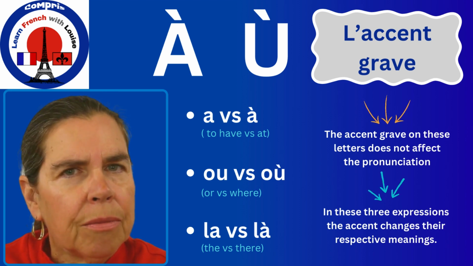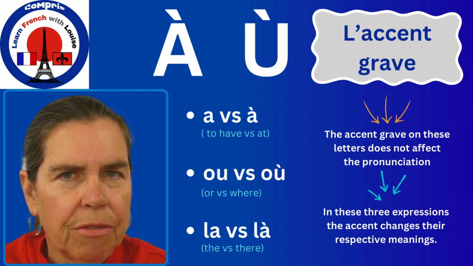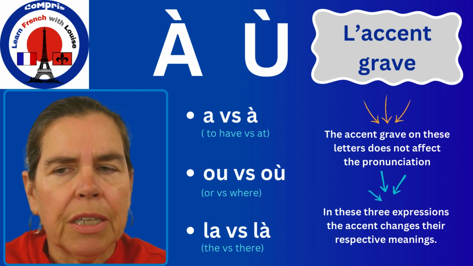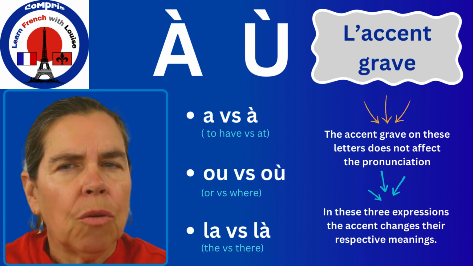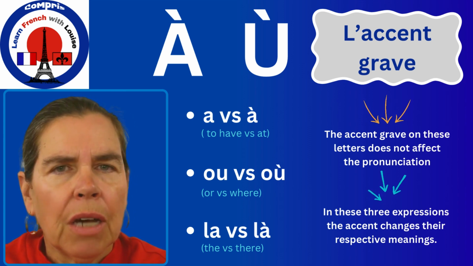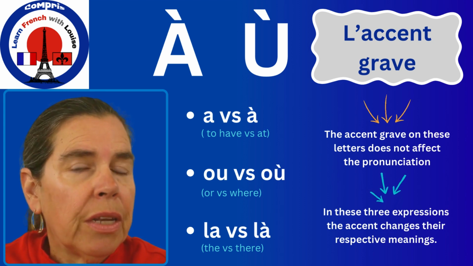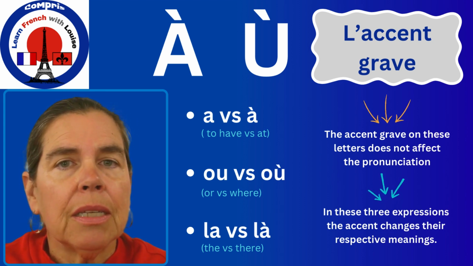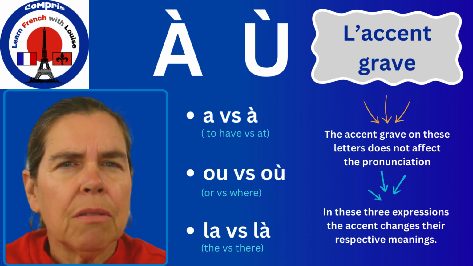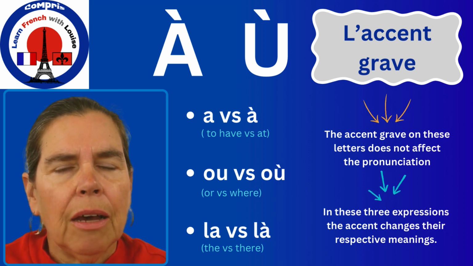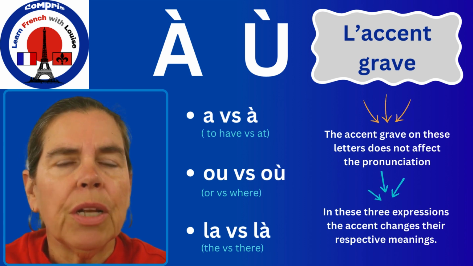So a means has, versus à with an accent grave means at. It's pretty significant. Ou without an accent grave on the U means or. Où with an accent grave on the U means where. La without an accent grave on the A means the. Là with an accent grave means there. So it makes quite a significant difference by its presence, although it doesn't change the pronunciation.